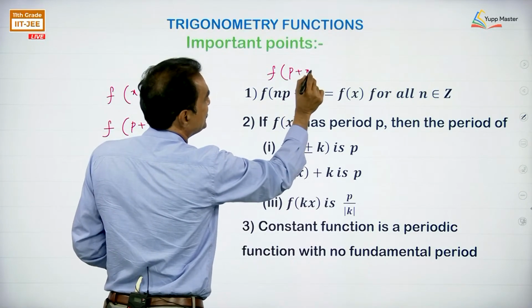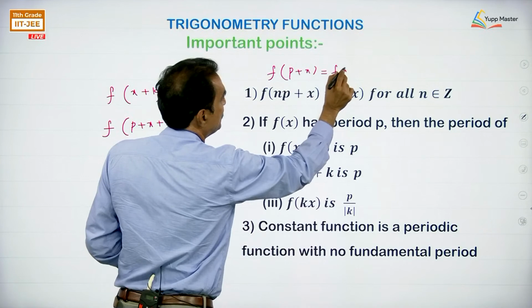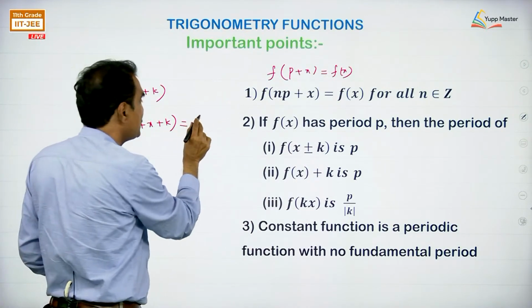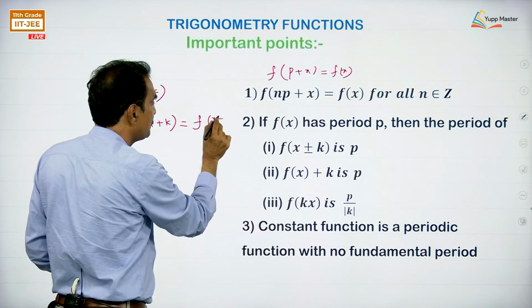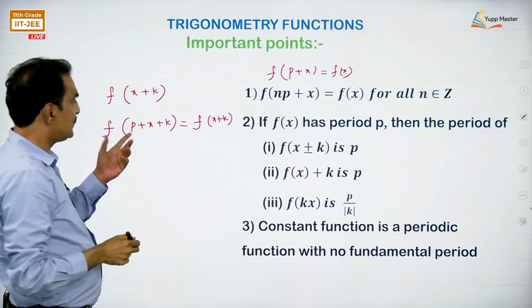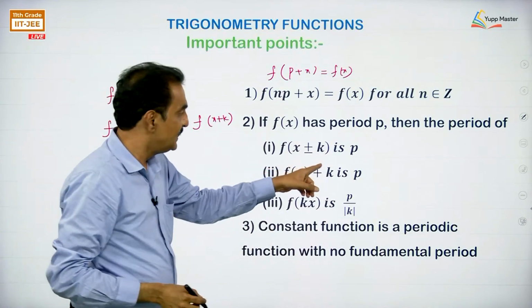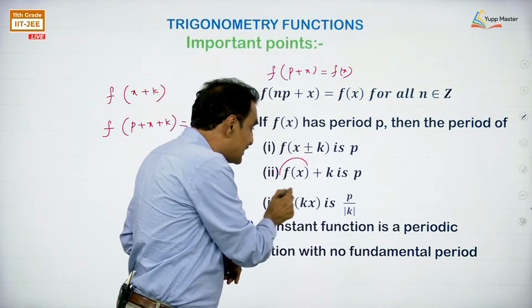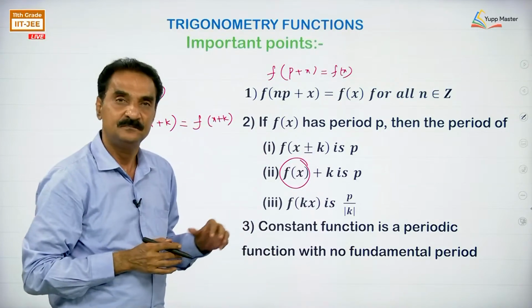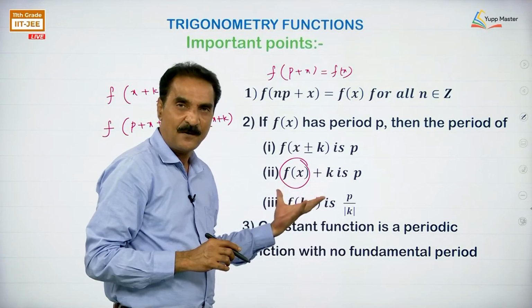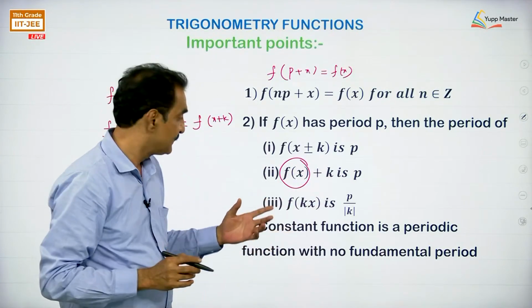F of p plus x is equal to f of x, no, for any x. So, this will be equal to f of x plus k. So, the period of f of x plus k is also p. If you add a constant to the whole function, then the period remains same, because replacing x by p plus x, f of x plus k remains same.